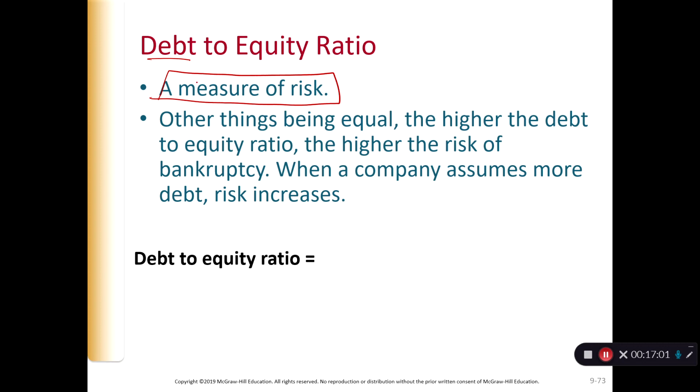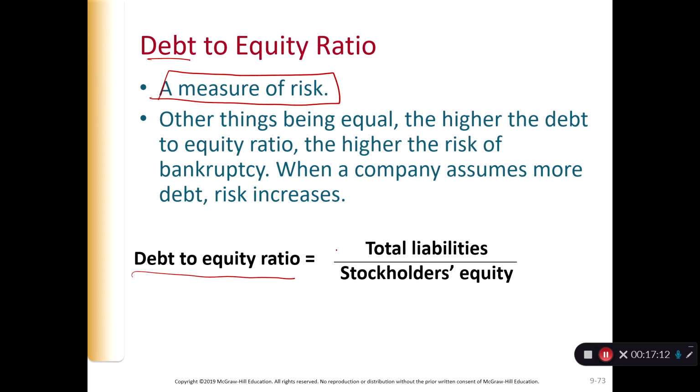Other things being equal, the higher the debt to equity ratio, the higher the risk of bankruptcy. When the company assumes more debt, it is more risky. The debt to equity ratio equals total liabilities divided by stockholders' equity. So in other words, the higher the debt to equity ratio, the higher the risk of bankruptcy is. When a company assumes more debt, the risk increases.